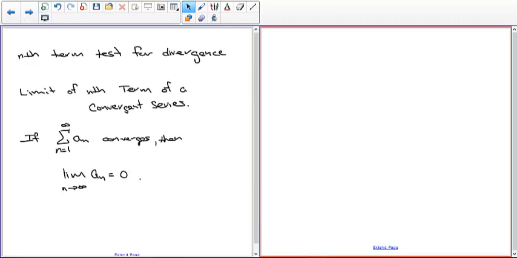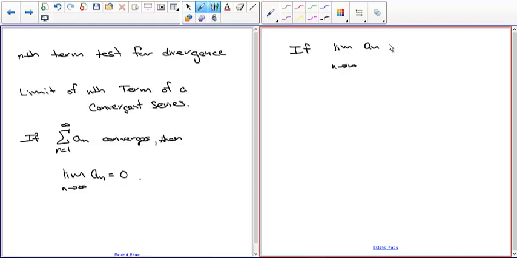Now, another way of stating that, kind of the negative version of it, is: if the limit of a sub n as n approaches infinity does not equal 0, then the series diverges.